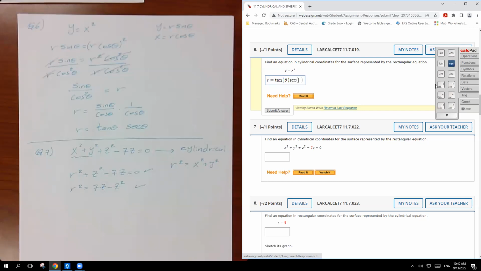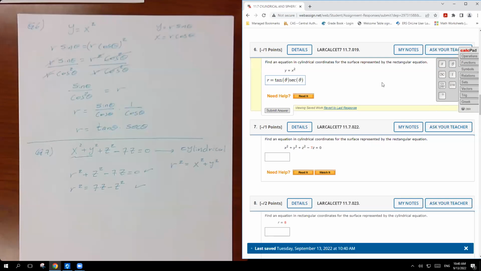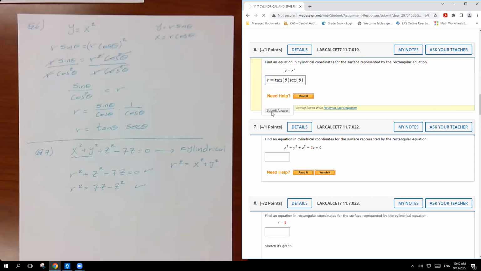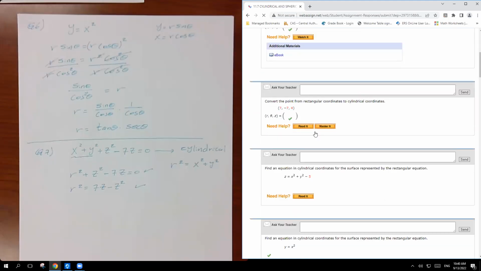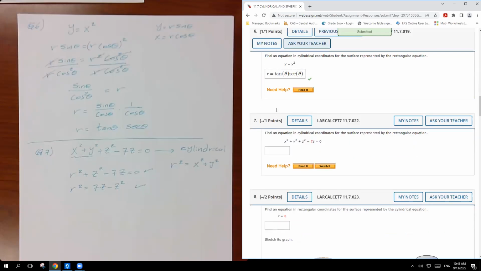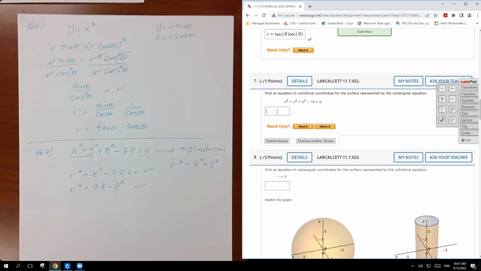Here is the secant and here is the theta. So secant theta. And the next one is going to be r squared.